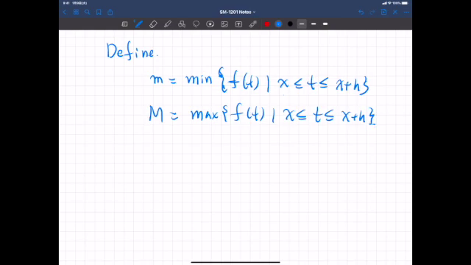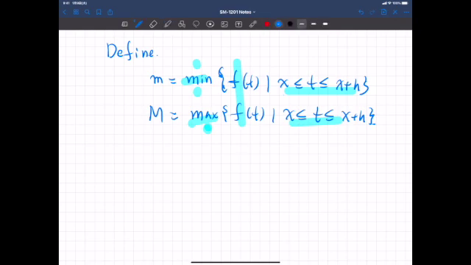Okay, you should note that we are using minimum and maximum rather than infimum or supremum. This is because first of all, we are dealing with a closed interval, and also this function is continuous. Therefore, instead of infimum we can use minimum, and instead of supremum we can use maximum.